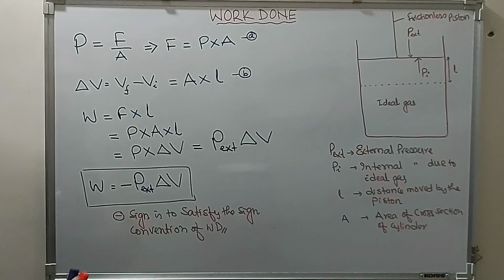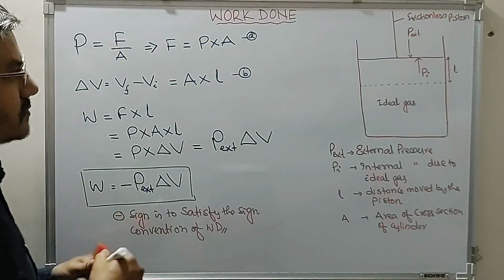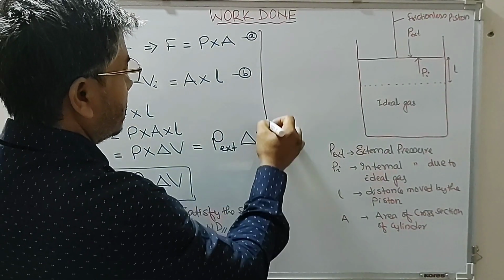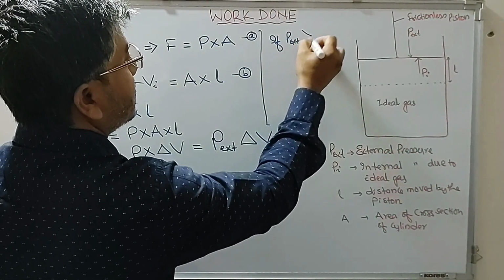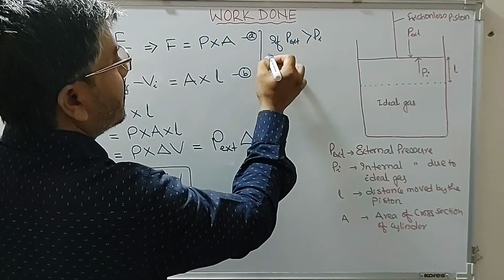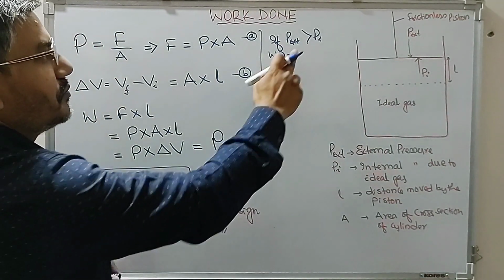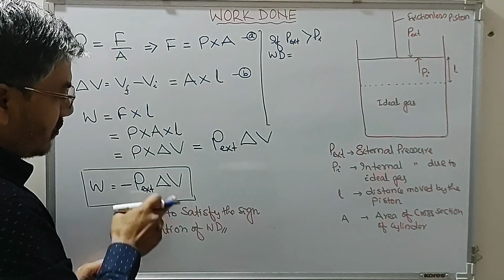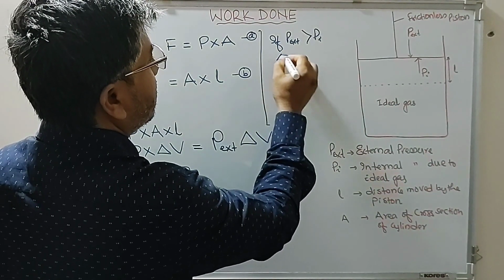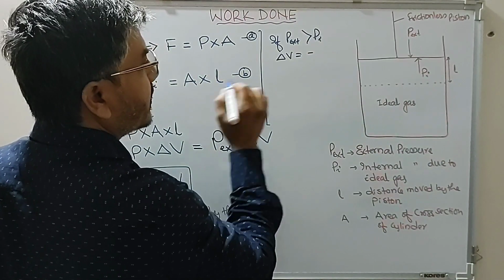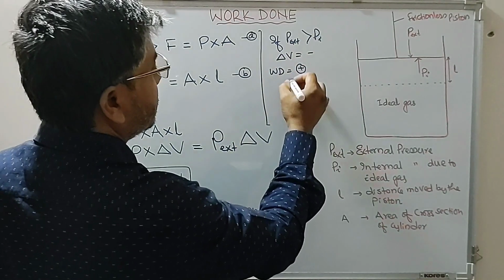So look at this. If external pressure is greater than internal pressure, if P external is greater than P internal, then volume is decreased, delta V is negative, so work done is positive, that is compression.